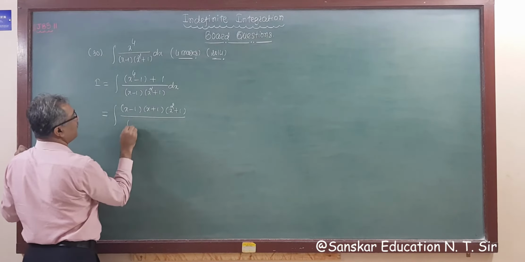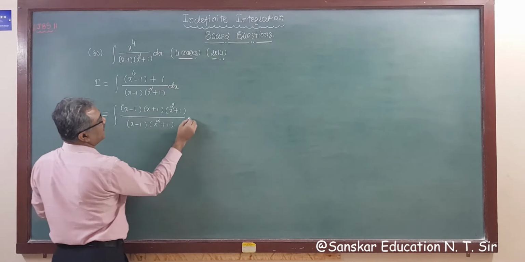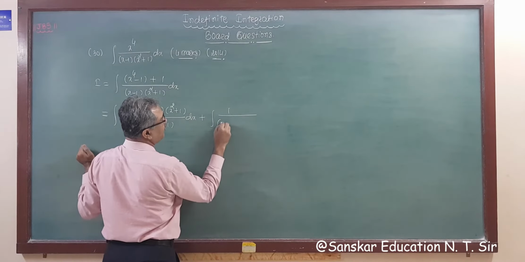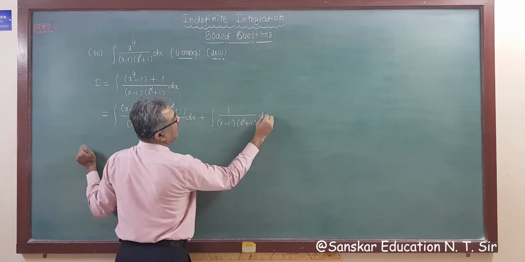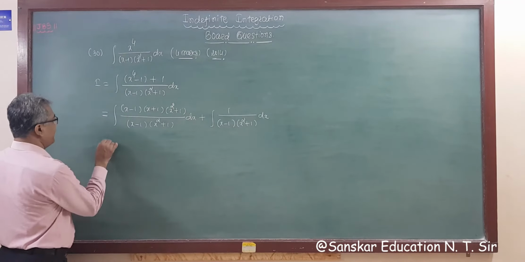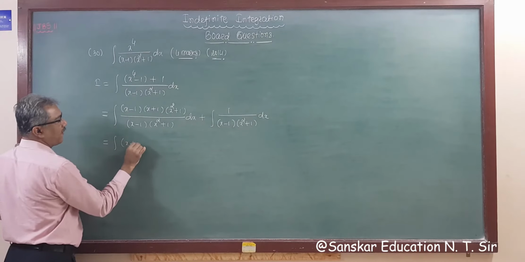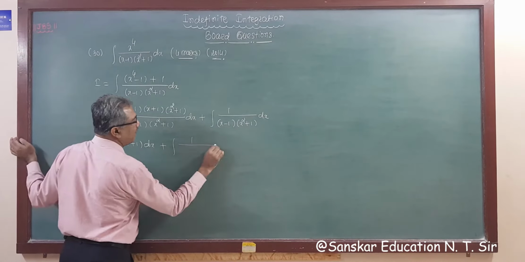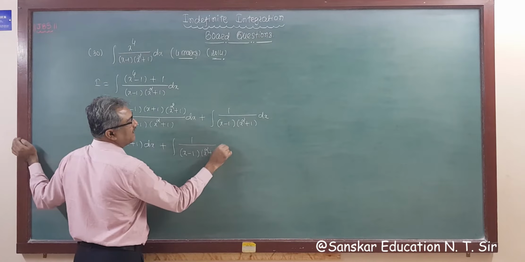And whole upon x minus 1, x square plus 1 dx, and plus integration 1 upon x minus 1, x square plus 1 dx. So this and this will cut. So remaining will be integration x plus 1 dx, plus integration 1 upon x minus 1, x square plus 1 dx.